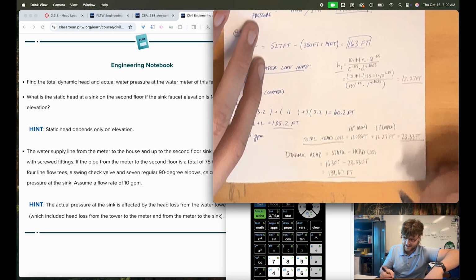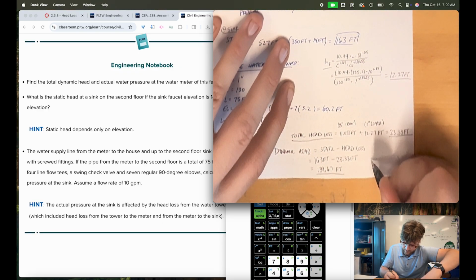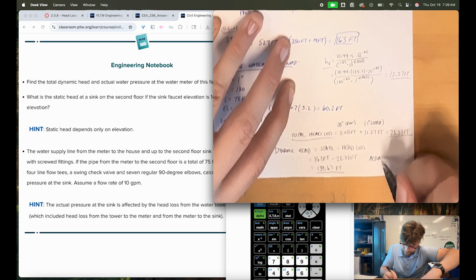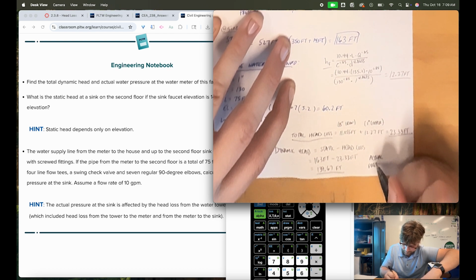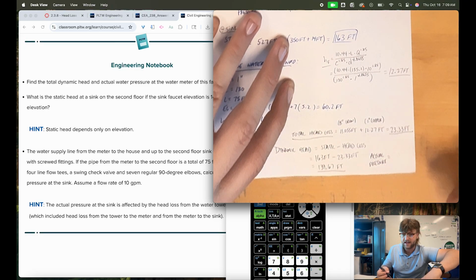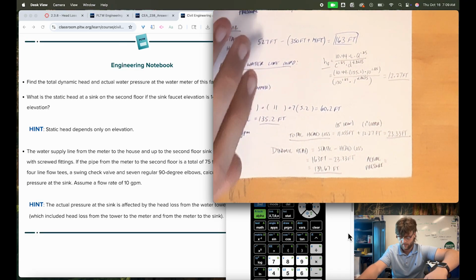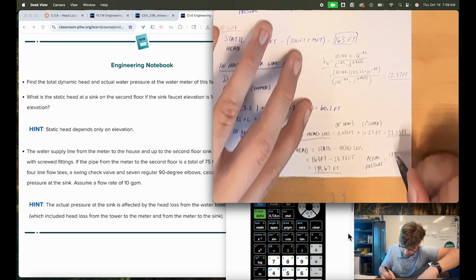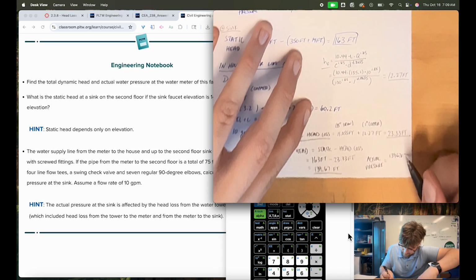And so now we can also find that actual pressure, right? So if we take this and divide it by 2.31, we can determine the actual pressure. So we'll go right here, actual pressure. Remember, that is the 139.67 divided by 2.31. So we could put that in here, 139.67 feet, divide that by 2.31.